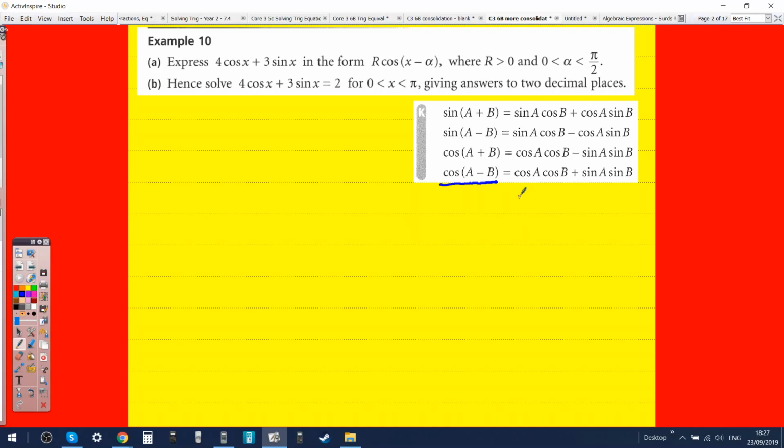So what is 4 equal to? 4 is cos b. And the 3 is equal to sine b.